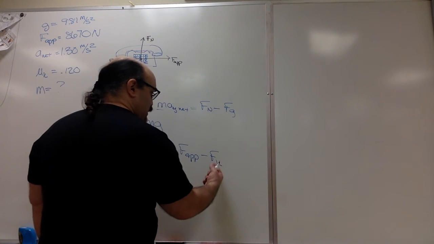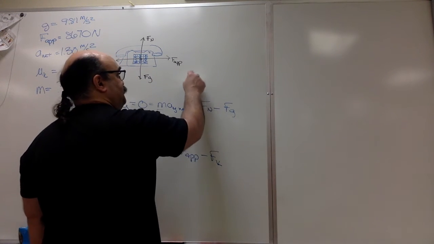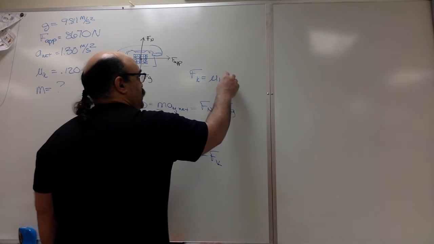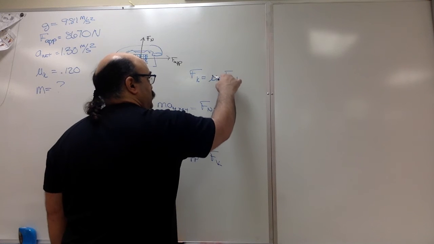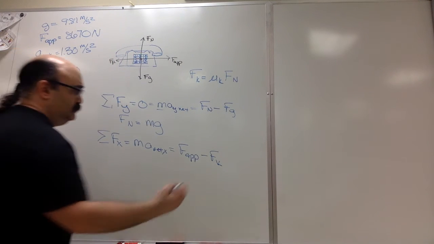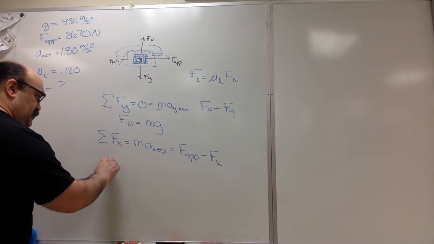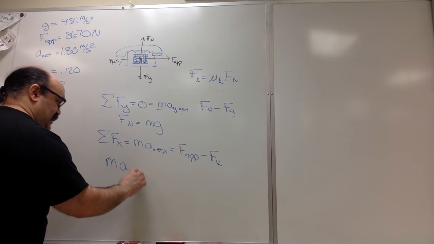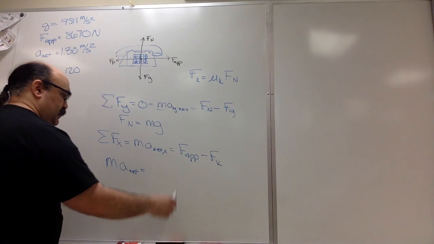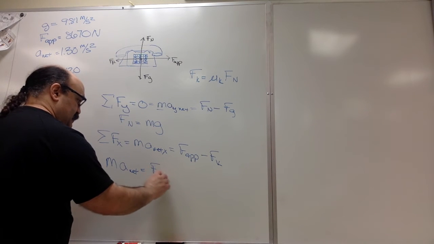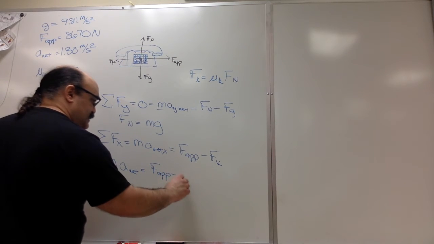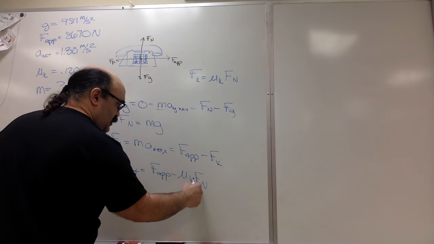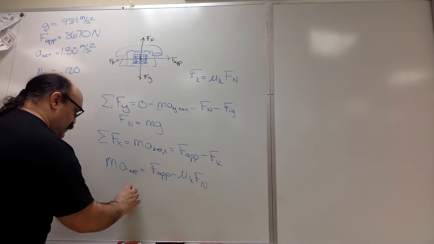Now we know that F sub k, or any frictional force, is mu times the normal force. So the mass of this object times its net acceleration must equal the applied force minus mu sub k F sub n, which is simply mg.